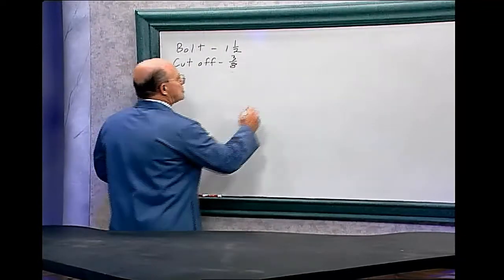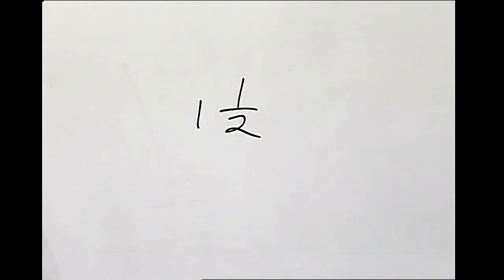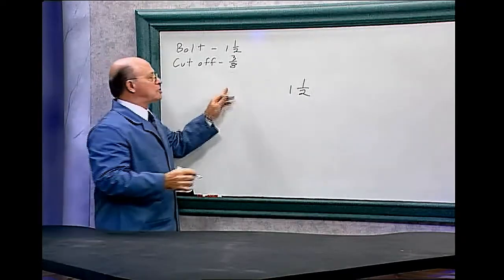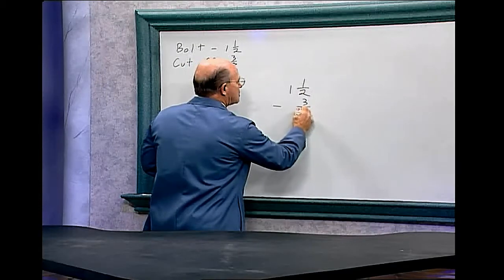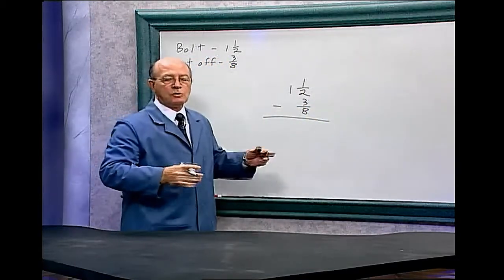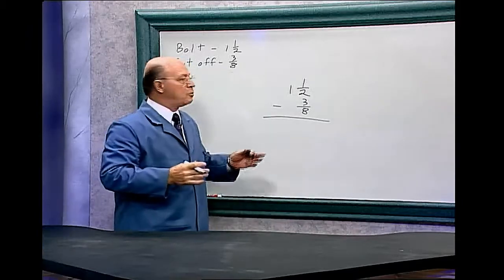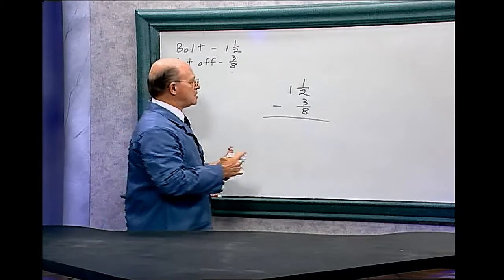The bolt is 1½ inches long, and we're going to cut off 3/8 of an inch. So it's minus 3/8. Now, when you know your fractions, this will do in your head, but we want to do it on the board so you know what you have to do to get the proper answer.